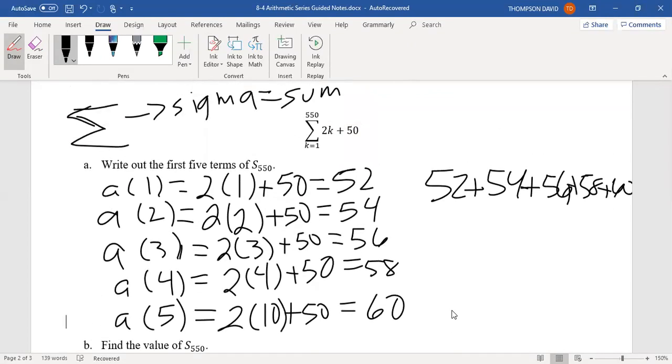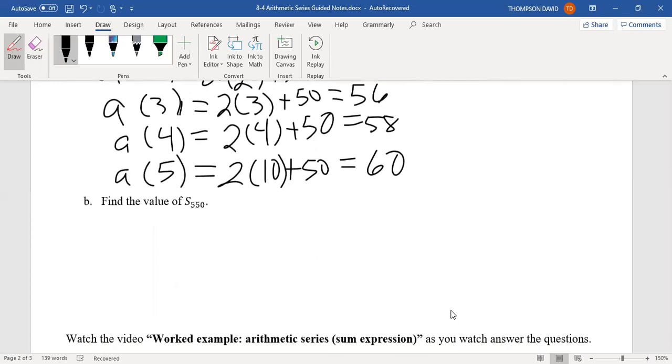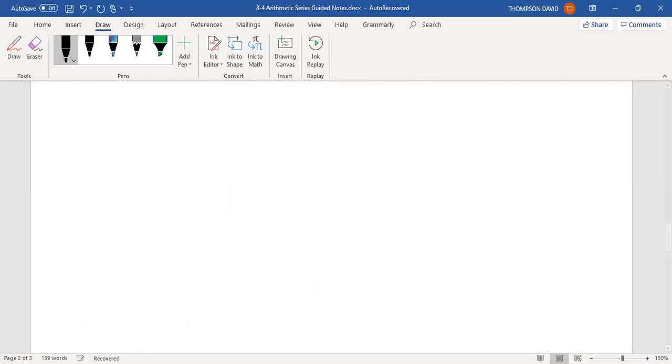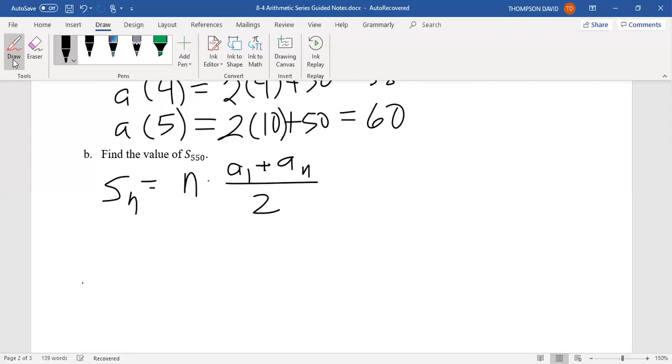Now, it says find the value of S of 50. That's what this problem's all about. So first thing we want to figure out is the formula that we're going to use. In general, to find the sum of a sequence, we have the formula S of n equals n times a1 plus an, all that divided by 2.